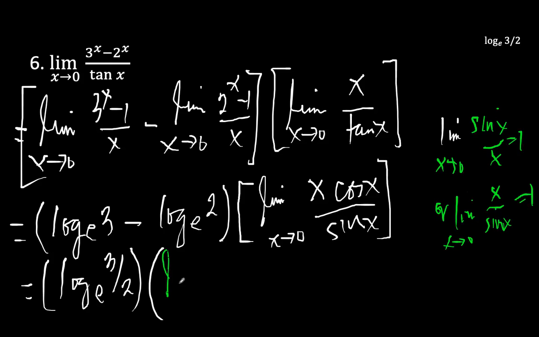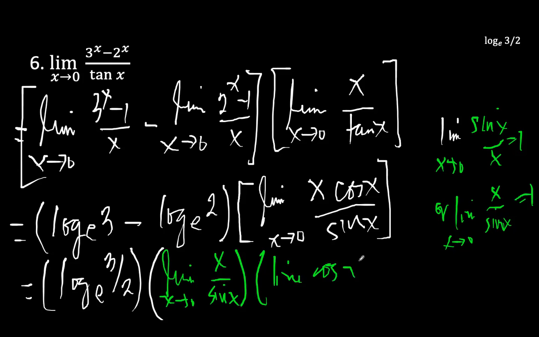So we have the limit of x over sine x as x approaches 0 times the limit of cosine x as x approaches 0 as well. Okay, so now we can take the limit of these two factors.